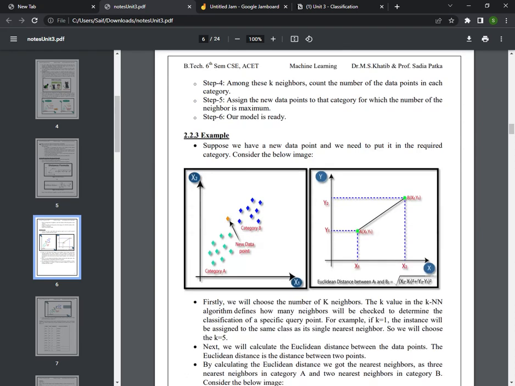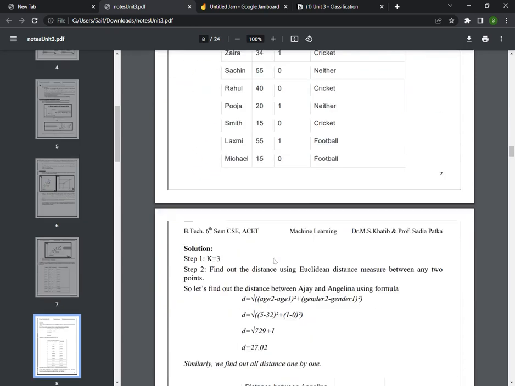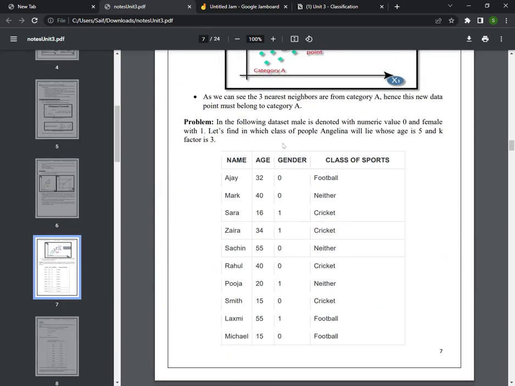So we will see the next thing, that is, we are going to explain an example here. The example is the same as I have given you previously: the students and their intelligence based on their scores.